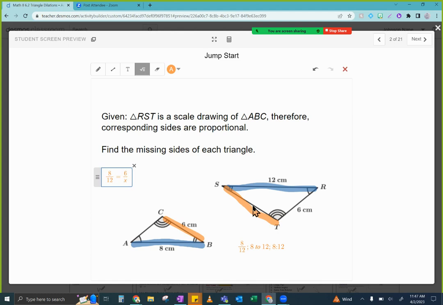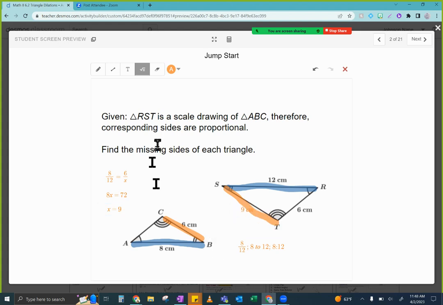Then you can solve this however you want. Some people cross multiply, some people multiply by the least common denominator, some people look at how we can multiply to get from here to here. I will cross multiply because that's probably what you're most familiar with. So we get 8x is equal to 72, which implies that x has to be 9.